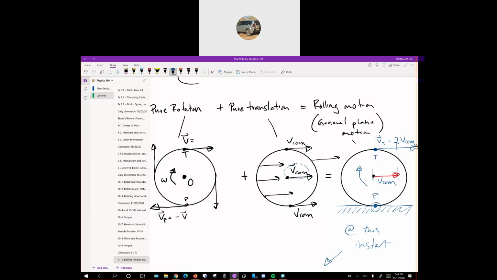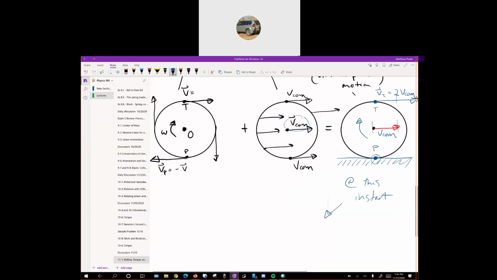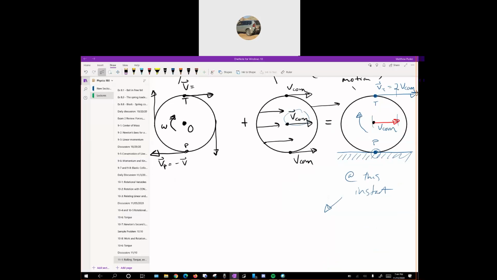And I think the next drawing will help make sense of that, but just think about it. If we had something sitting like a ruler and it was falling on the ground and it teeters over this way, as it teeters over, the velocity of the tip is going to be moving faster than any other point. It'll actually be moving twice as fast.